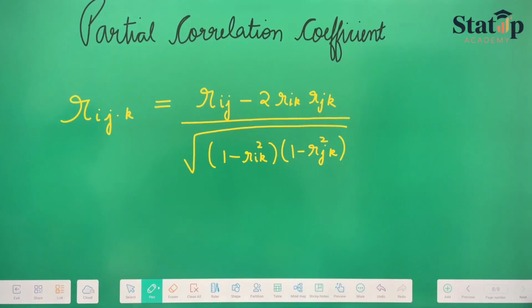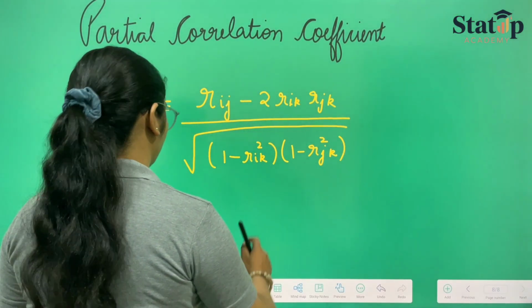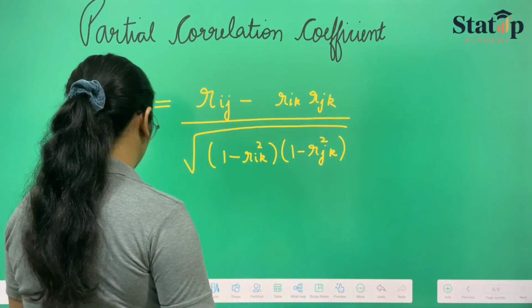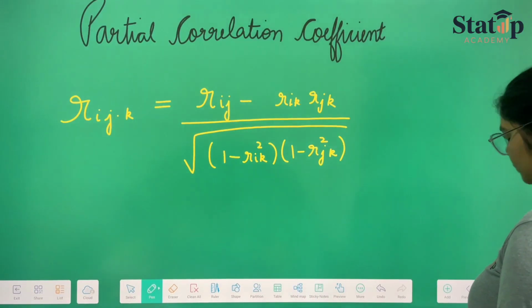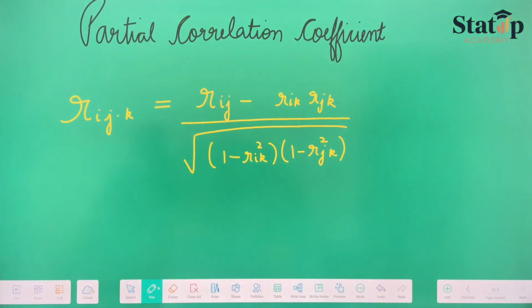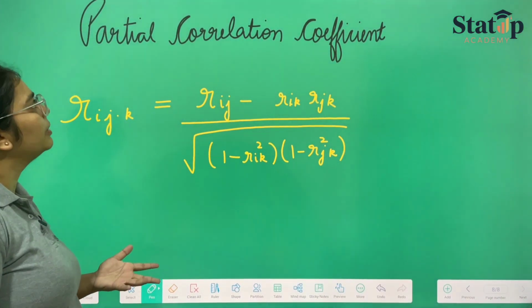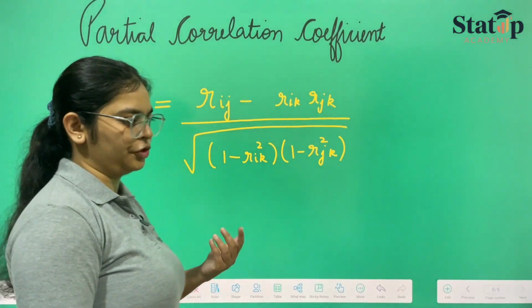This is your partial correlation coefficient. Here 2 will not come, it is only this. Yes, so these are the formulas for partial and multiple correlation coefficient.